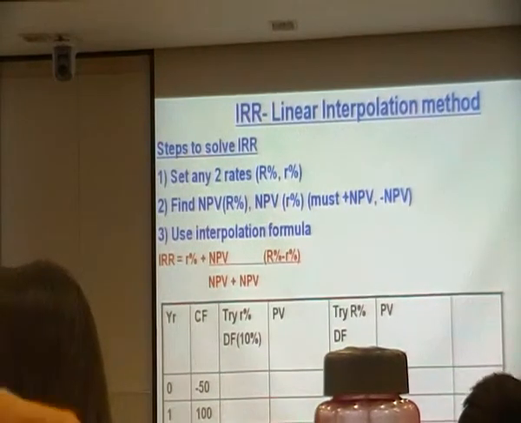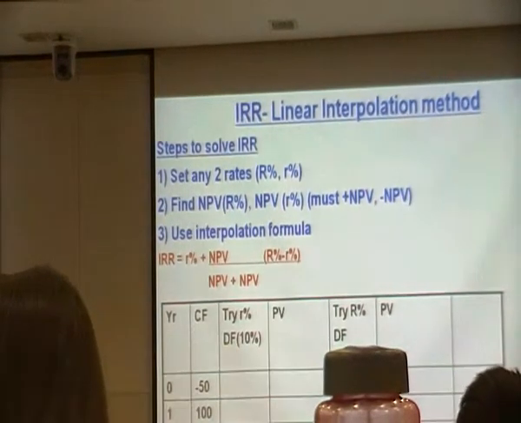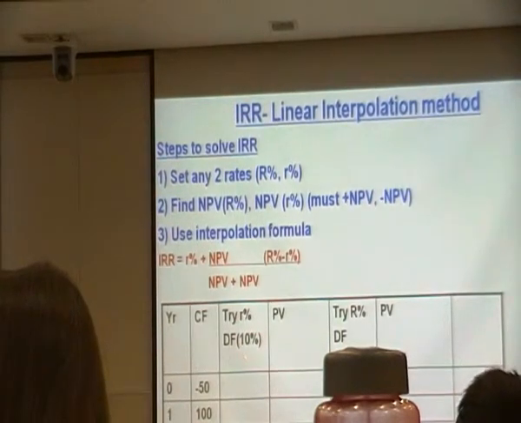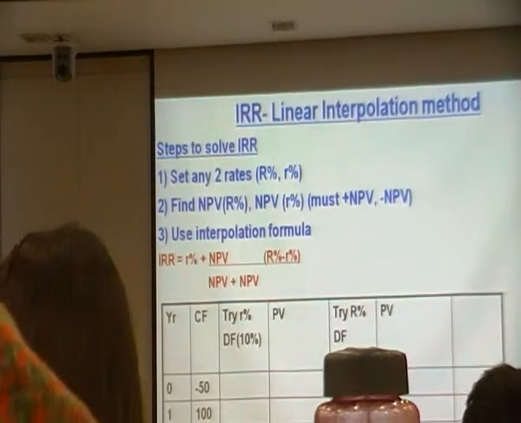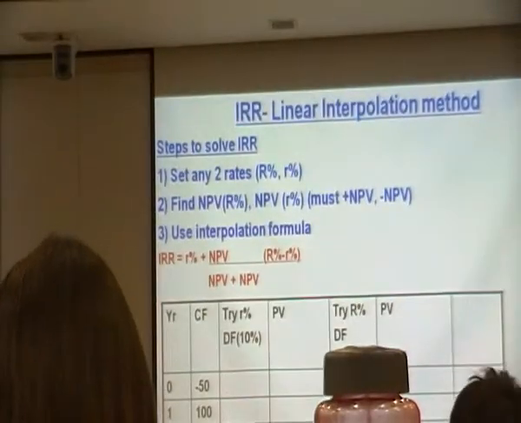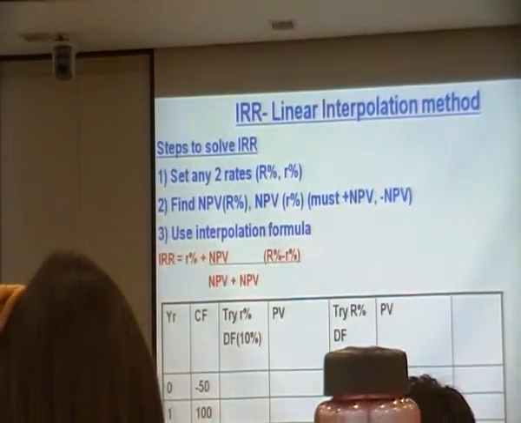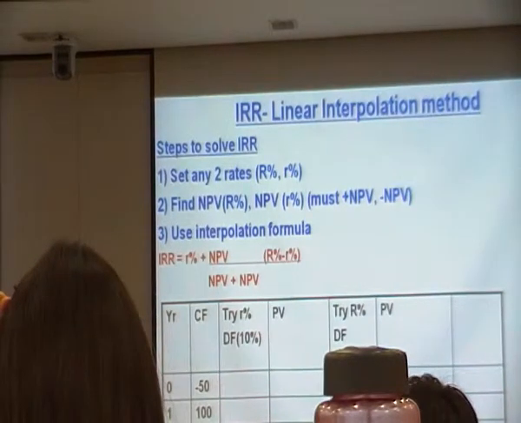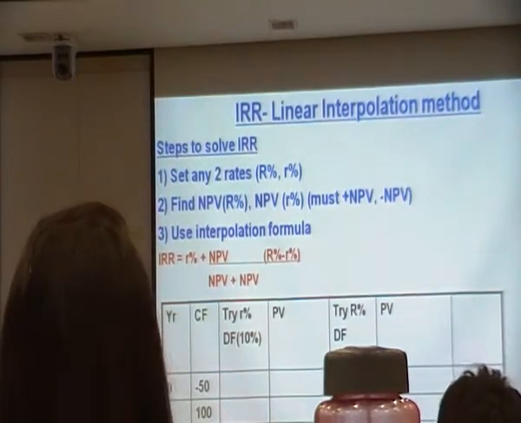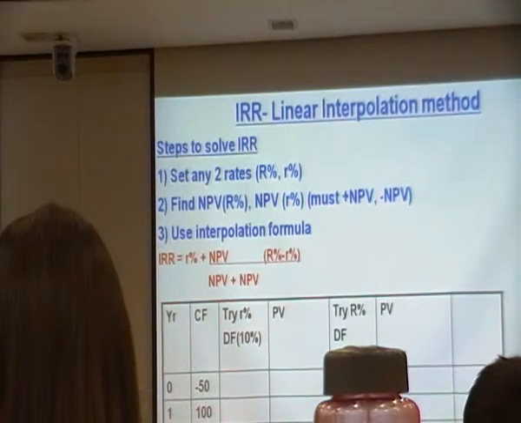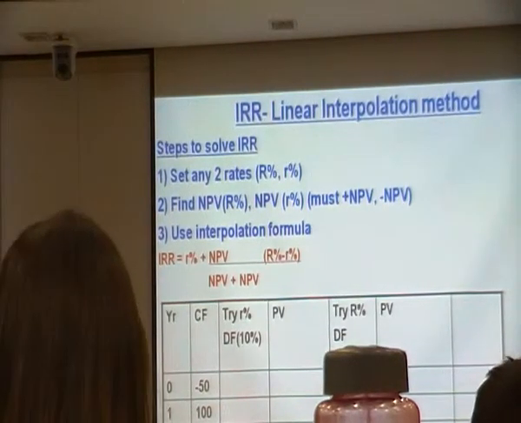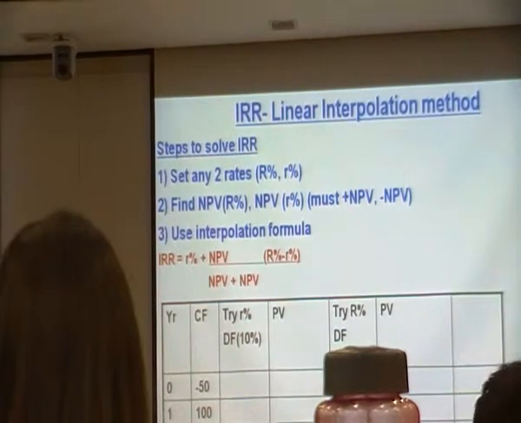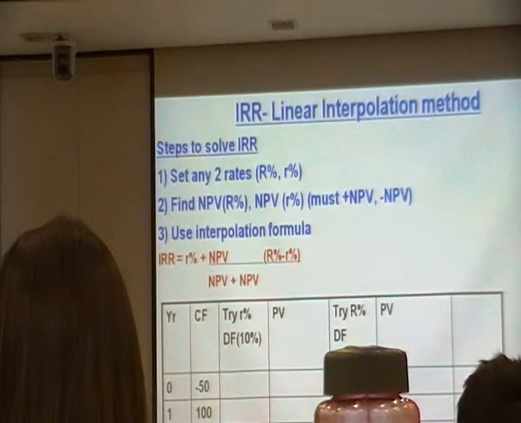Okay. So here I show a very simple working. Try a small r, let's say 10%, and find the NPV for the smaller r. Try the bigger r, let's say 20%, and find the NPV for this bigger r. And it must be one positive, one negative. Okay, class. Let's say you have found the first r and used it to find the NPV.